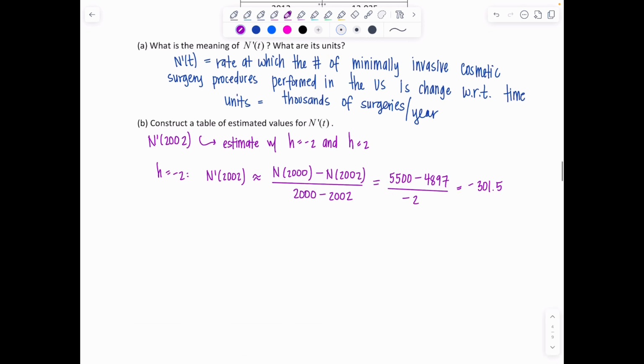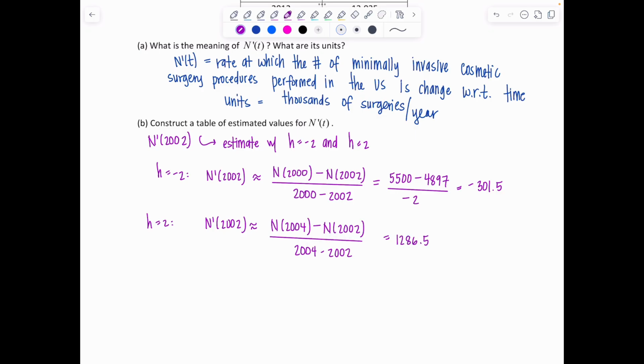Then use an interval on the other side. Now h is positive 2. N prime of 2002 is approximately N of 2004 minus N of 2002 over 2004 minus 2002. You can read the table, and that'll be 1286.5.